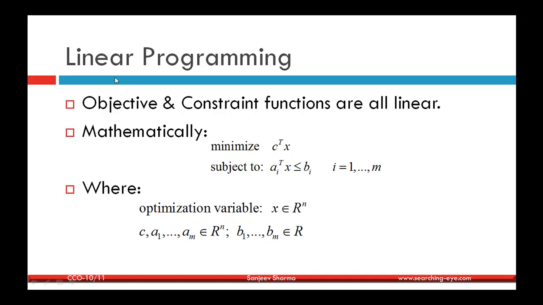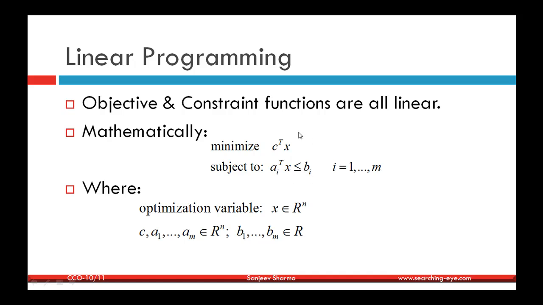So here comes the linear programming problem, and as we have discussed, in a linear programming problem, all the objective and constraint functions are linear. Mathematically, this can be expressed as minimize c transpose x subject to constraints a_i transpose x less than or equal to b_i.